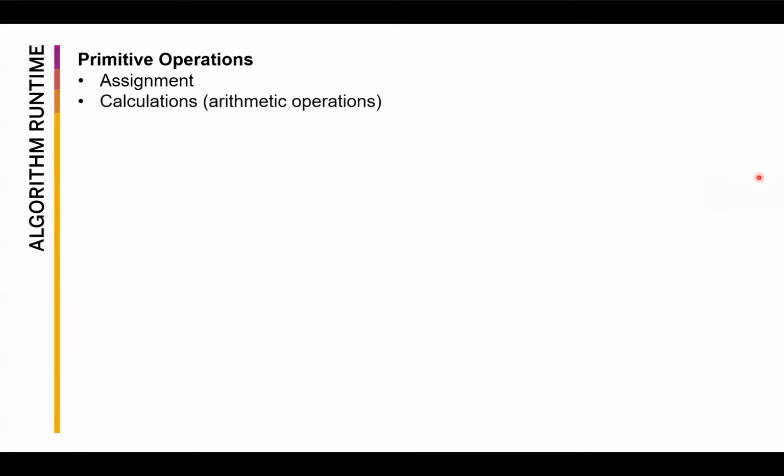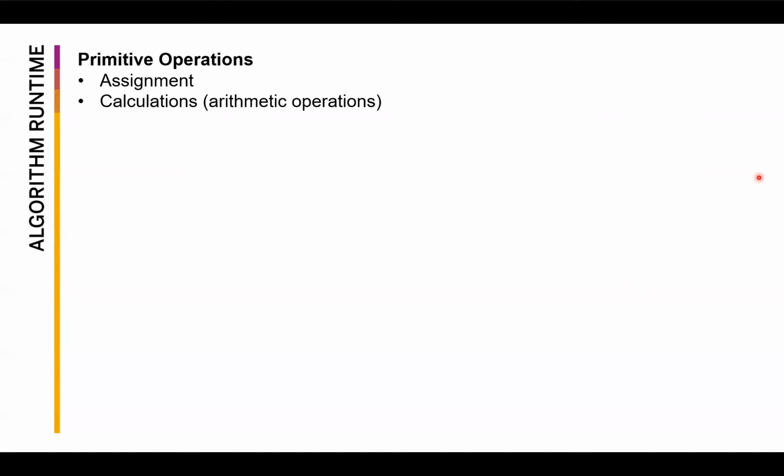We also do calculations. Any arithmetic operations done on the variable are also counted as a primitive operation. Earlier, that was the sum plus a of I plus b of I plus carry, so there are two arithmetic operations going on in that sum formula.